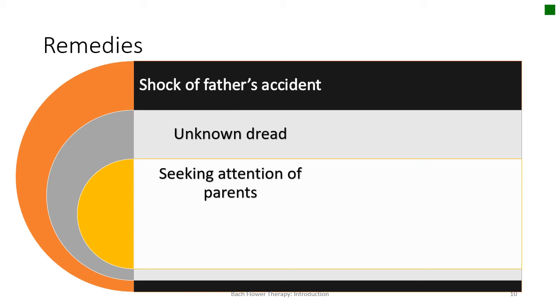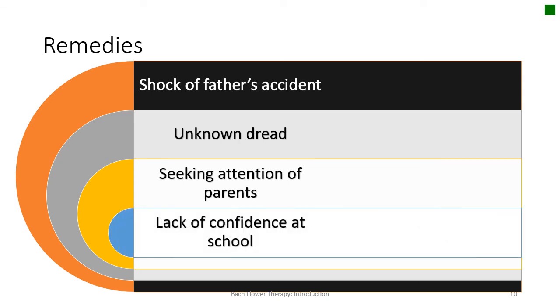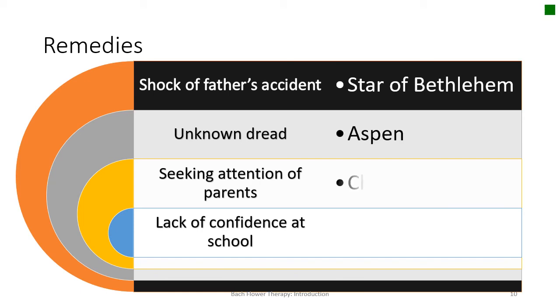We are told that he was constantly seeking the attention of parents, perhaps out of sibling rivalry, and that he was lacking confidence at school and felt bullied. Based on this, the choice of remedies were Star of Bethlehem, Aspen, Chicory, and Larch.